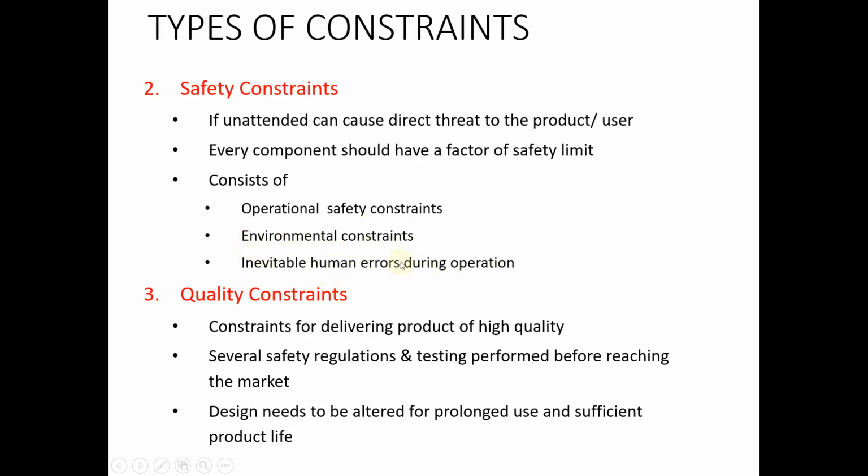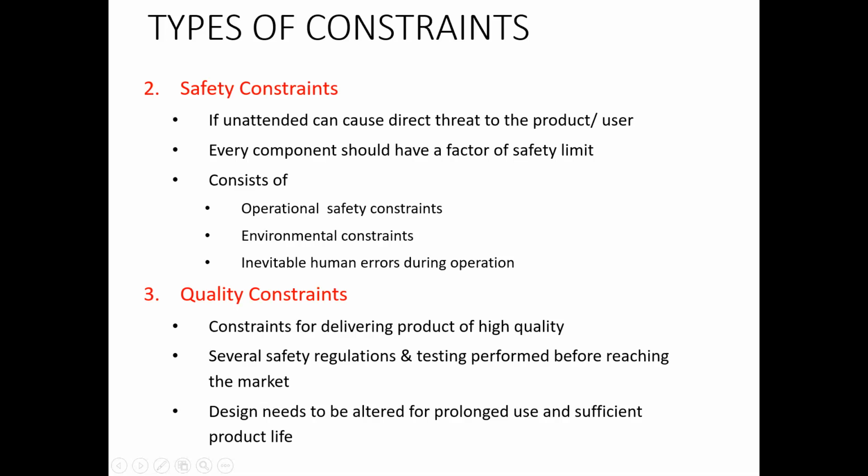Human errors in the sense the customers who are operating that product can sometimes operate the product in a wrong way or can commit mistakes during its operation. That should not cause any harmful effect to the product or to the user. So while designing the product, all these safety aspects are kept in mind. So they are known as safety constraints.